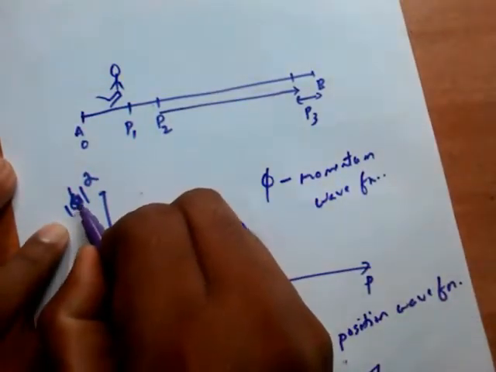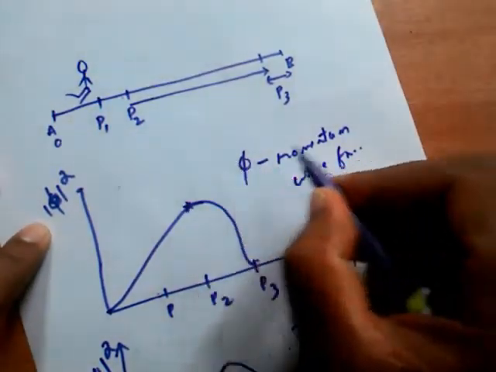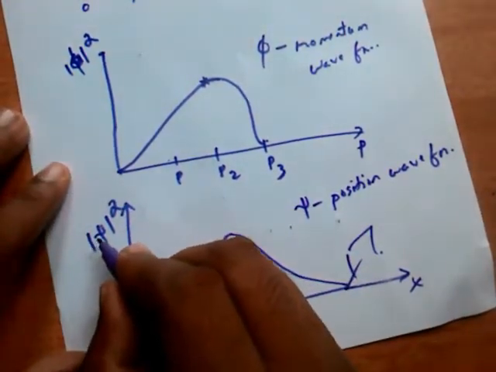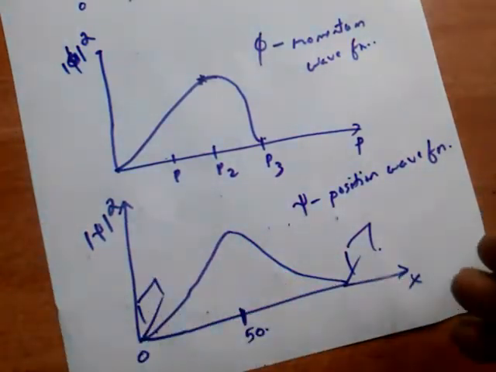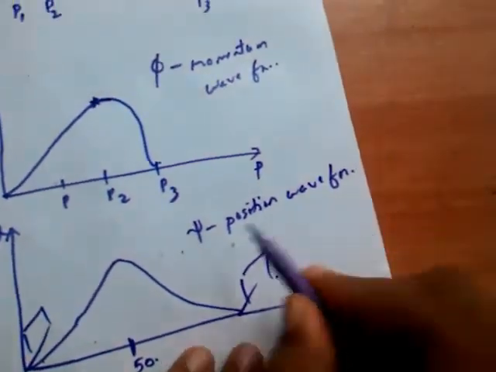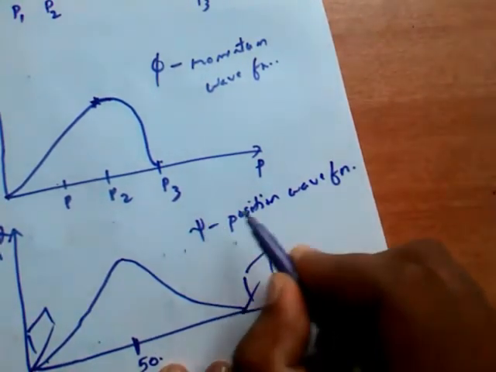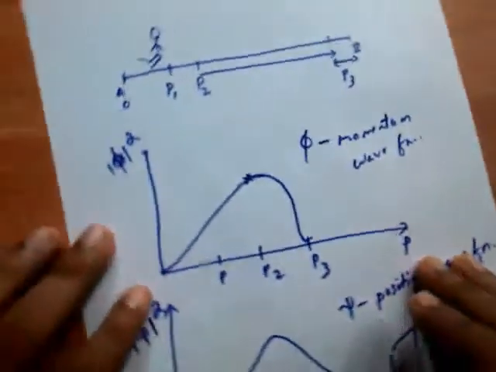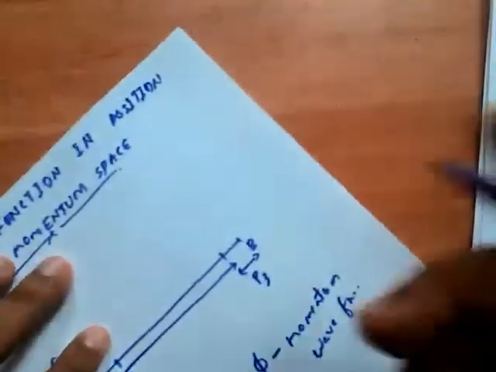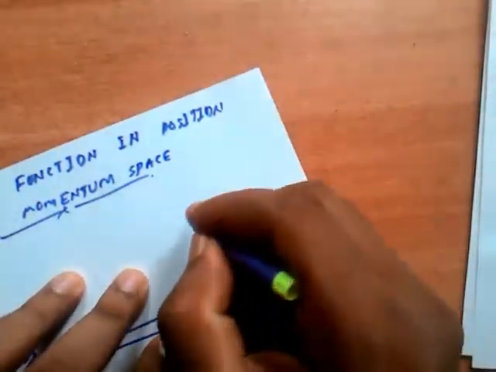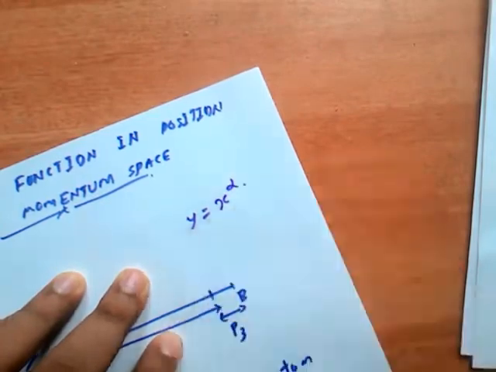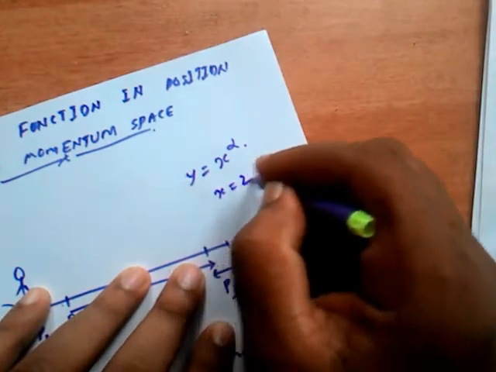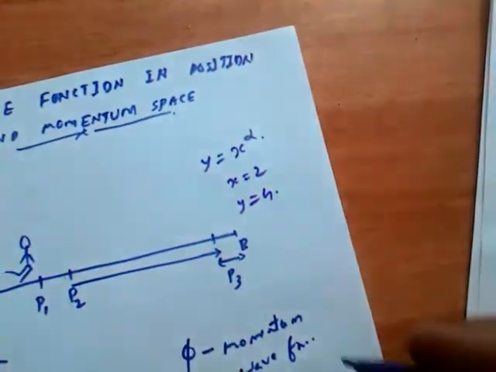Here the probability of momentum I'm finding, and I'm denoting phi as the momentum wave function. Here I'm finding the probability of the position of a footballer, that is mod psi square, and I'm stating psi is the position wave function. Wave function means, if you are considering an equation y equal to x square, if I'm giving x equal to 2, I'll get y equal to 4.